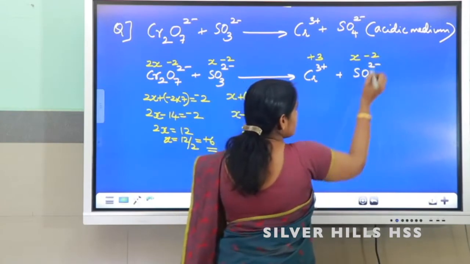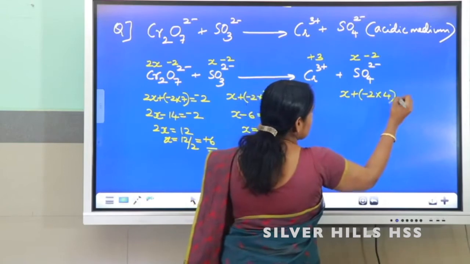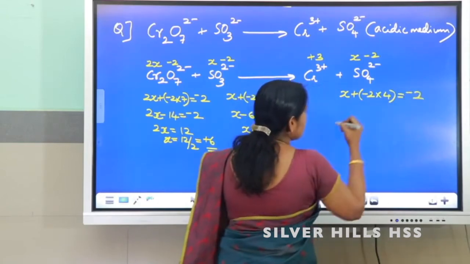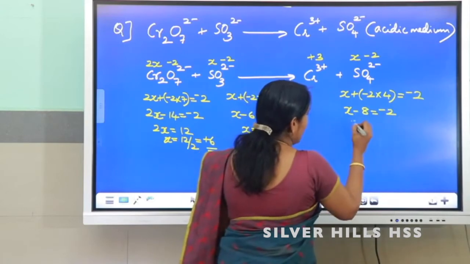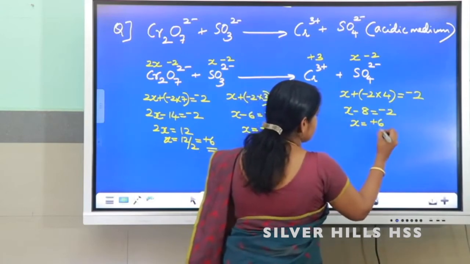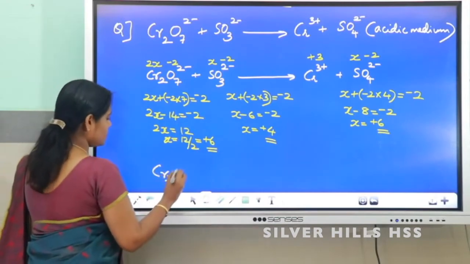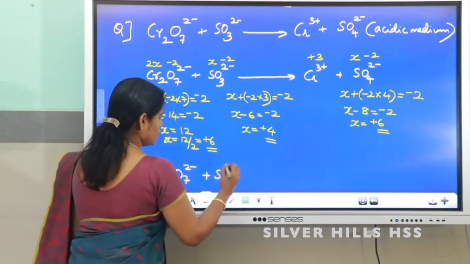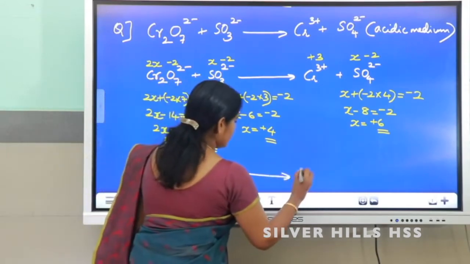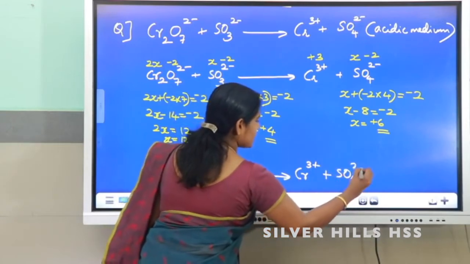Oxygen it is -2, so x plus -2 into 4 is equal to -2. So x minus 8 is equal to -2 and x is equal to +6. So the reaction is Cr2O7 2- plus SO3 2- gives Cr3+ plus SO4 2-.